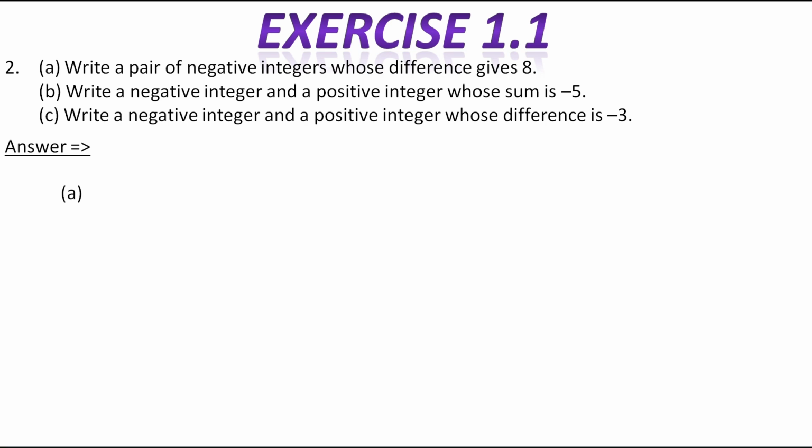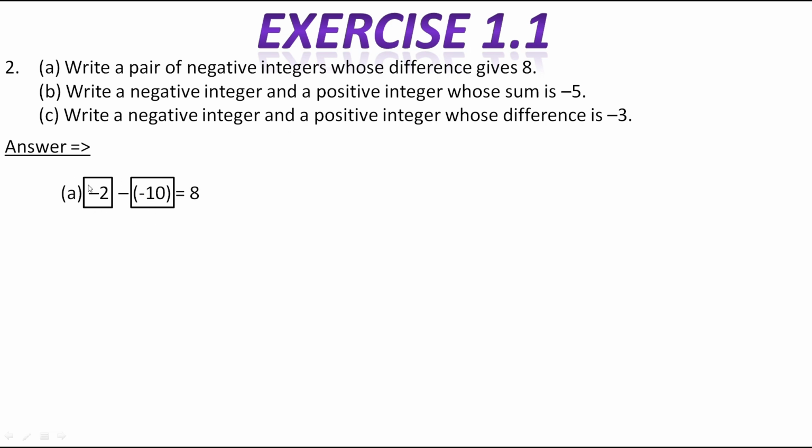So here we need to find two negative integers, and when we find the difference, we should get the answer as 8. So here I am taking the bigger number, 10, with a minus sign, because it is going to be changed to a plus sign. And now I have to take a number smaller than 10, that should be 2, but with a minus sign only, because we have to subtract, and that's why this is going to be positive.